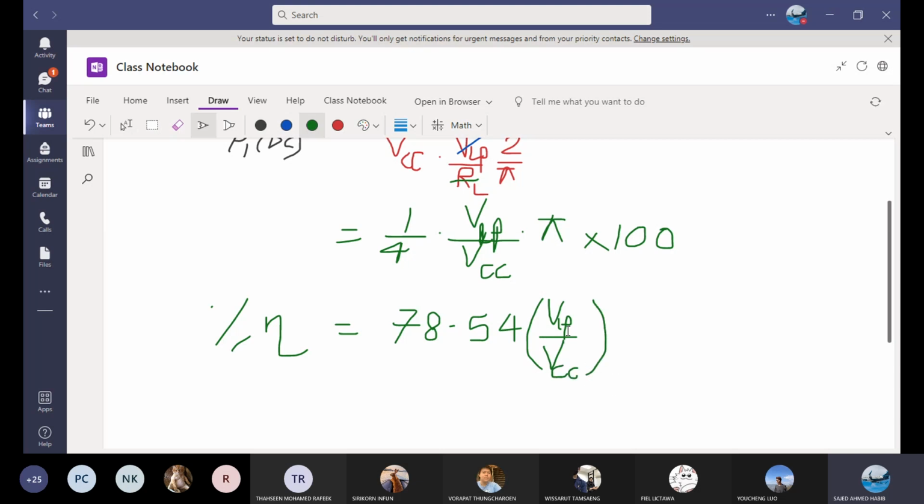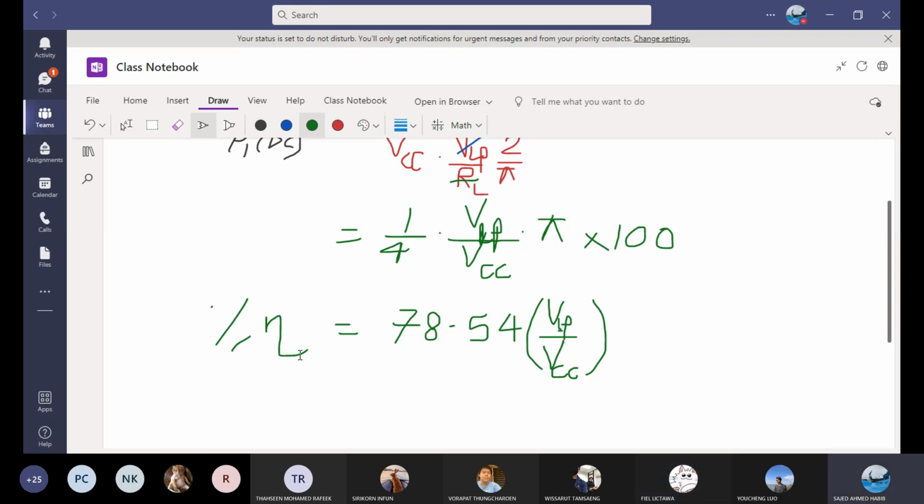Now you can see the relationship. If the peak load voltage is the same as VCC, what is your percent efficiency? VL peak equals VCC. What is the percent efficiency? 78.54%.